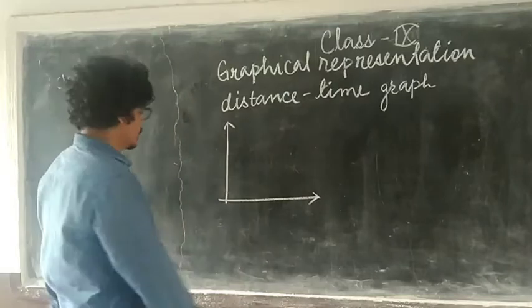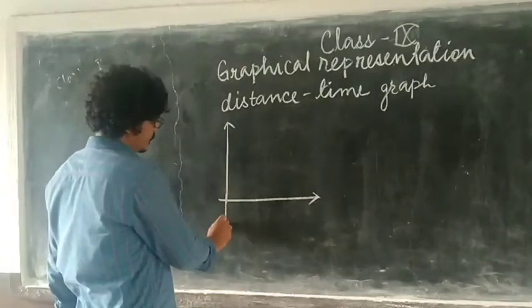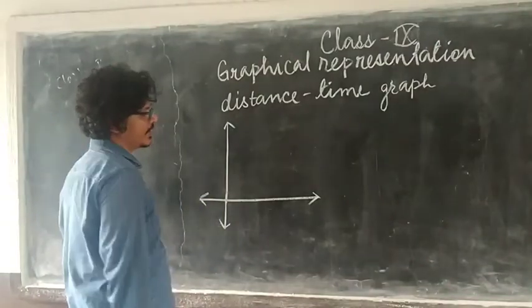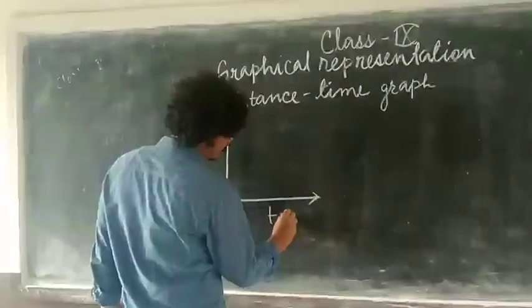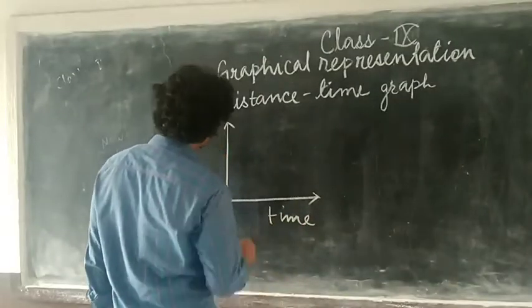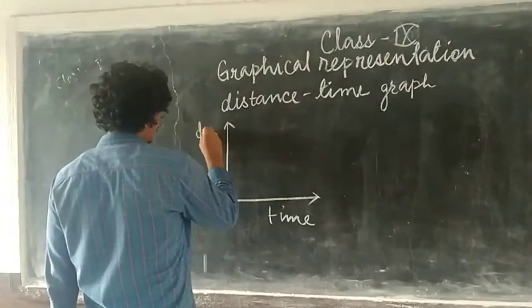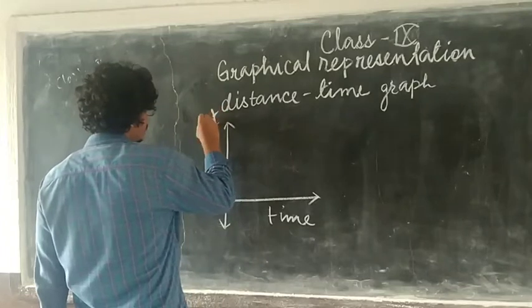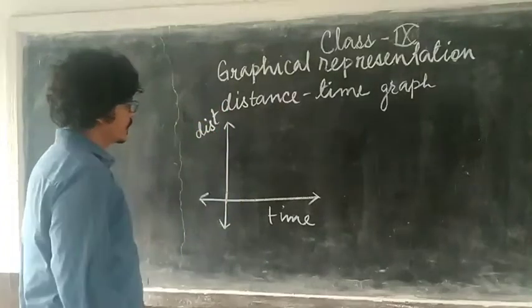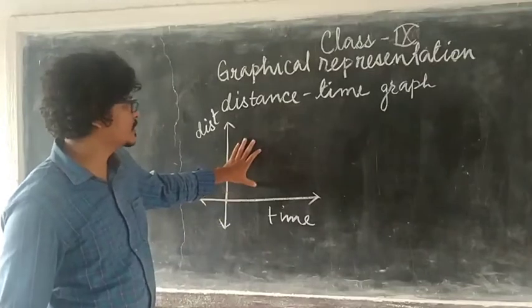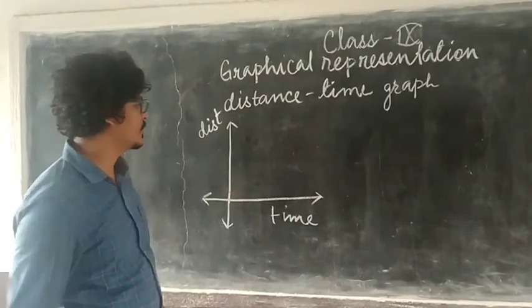Here in y-axis we will take distance and in x-axis we will take time. So this is our axis system for the distance time graph.